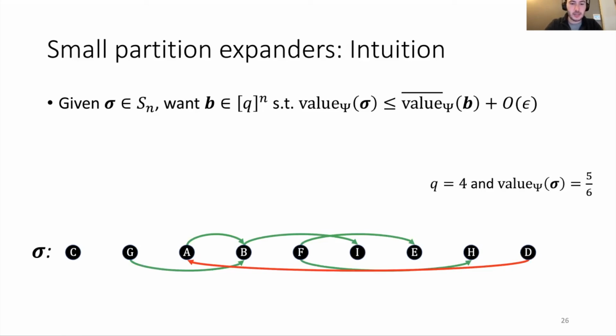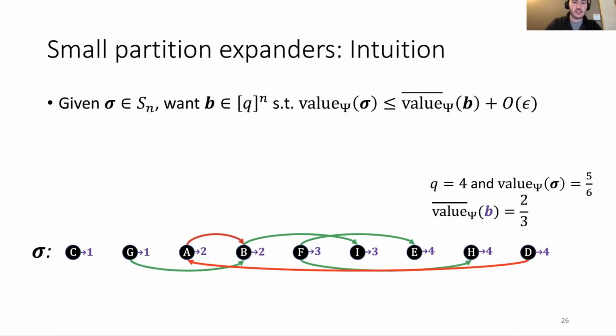This is the same picture as from a few slides ago. The way we're going to construct B is simply by assigning the first several variables the value 1, the second several variables the value 2, etc. And then we're just going to hope that this doesn't make too many edges that were good for us bad for us. In particular, note that in this picture, the edge from A to B was good for sigma, but is now going to be bad for B, since 2 is not less than 2.